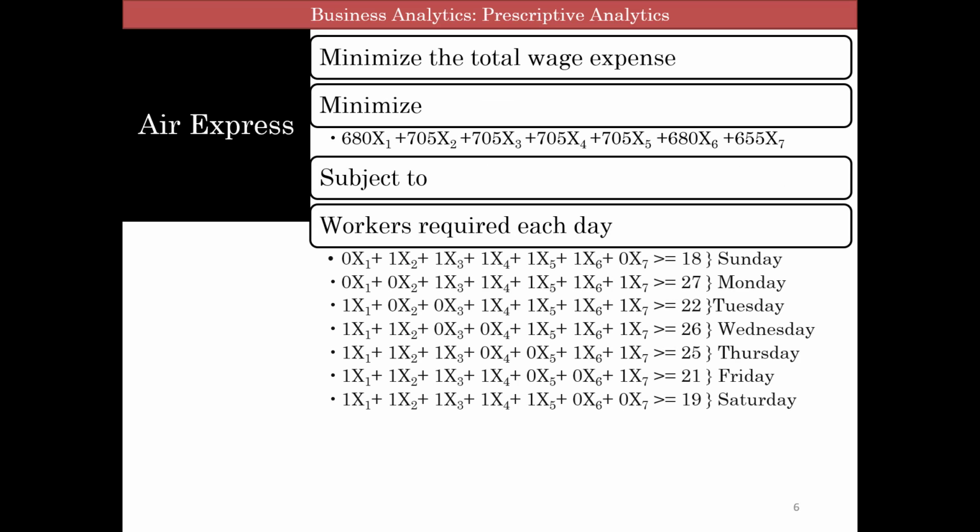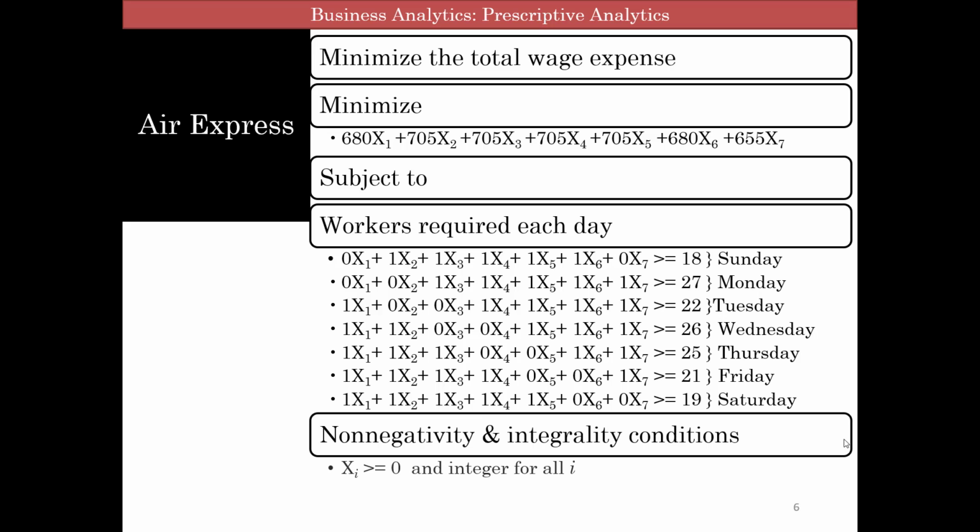So you have 0 times x1. There is no x1, there's no x7. So it's x2 to x6. On Monday, it'll be x3 to x7. Tuesday, it'll be x4, x5, x6, and x7, and so on. So this is the workers required for each day. And you're going to say xi is greater than or equal to 0 and integer for all i.